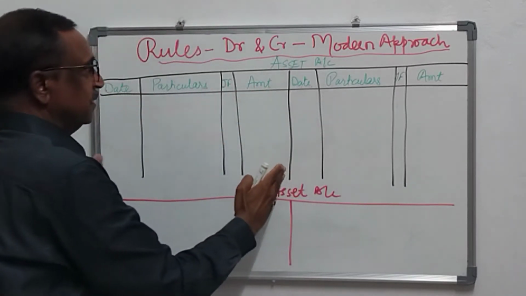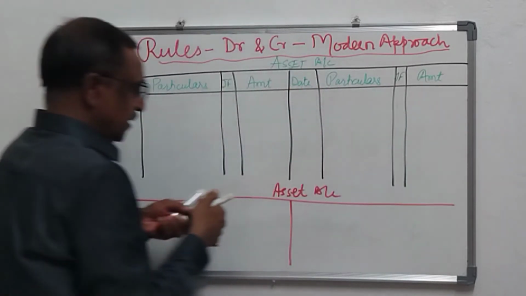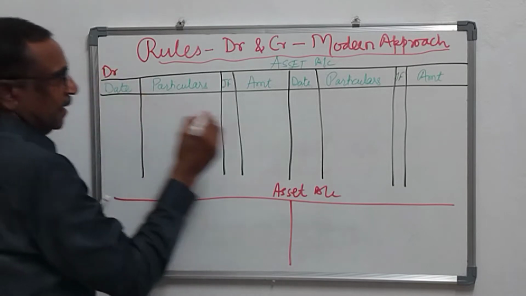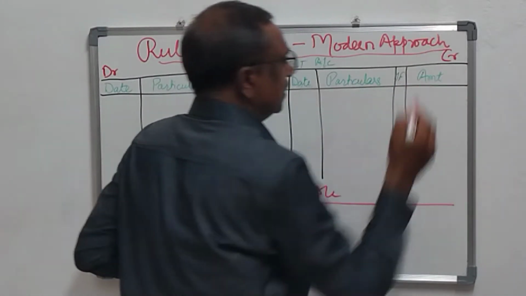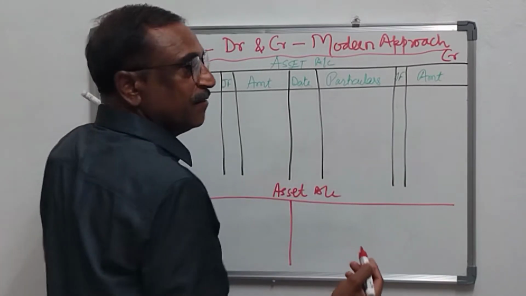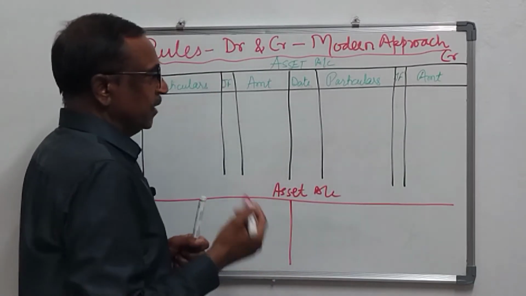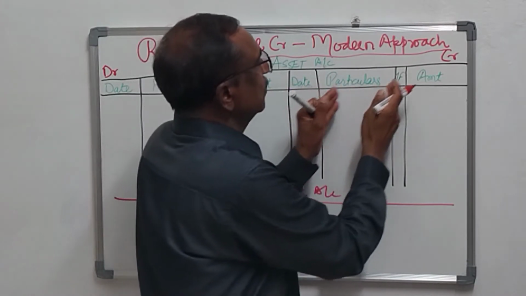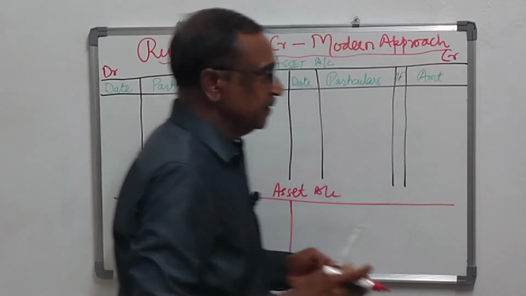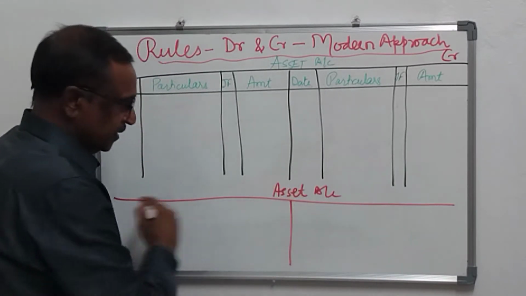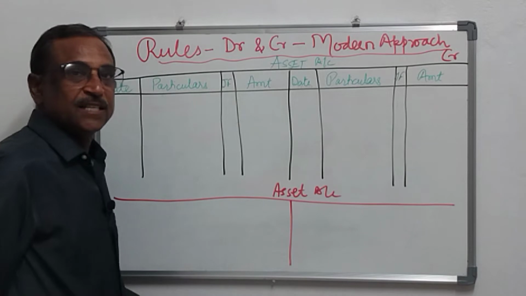This is one part and this is the other part. This part is known as the debit part, and the second half is known as the credit part. That is, on the right side we have credit side, on the left we have debit side. Here also the same format: date, particulars, journal folio, amount. Or roughly we can draw it like this. That's why it is known as T-shaped.